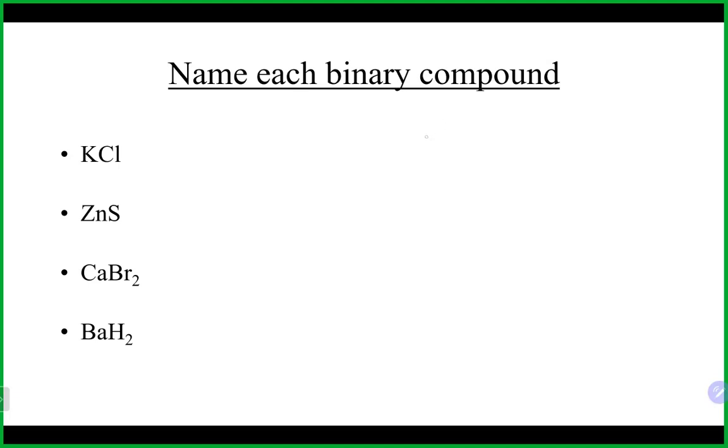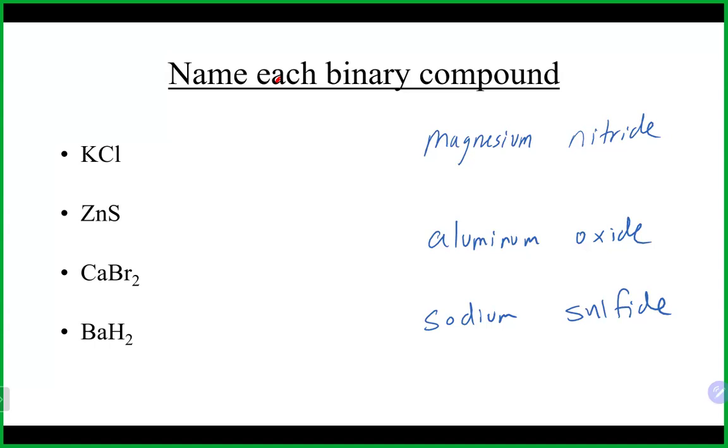So why don't you write, let's do magnesium nitride. Let's do aluminum oxide. And let's do, kind of want to go through the questions to direct you in the right spot.